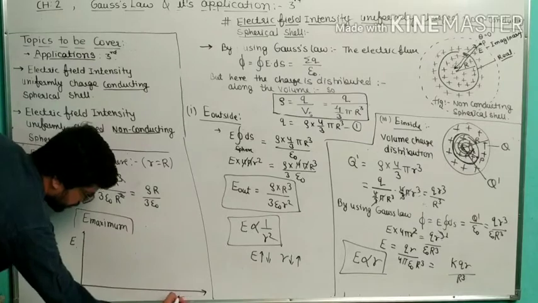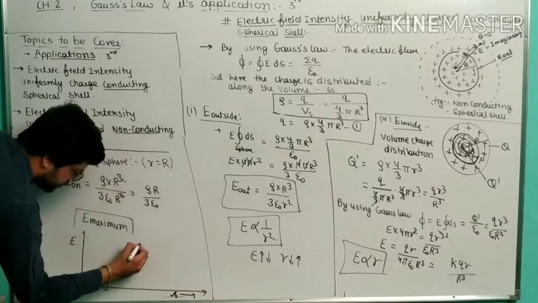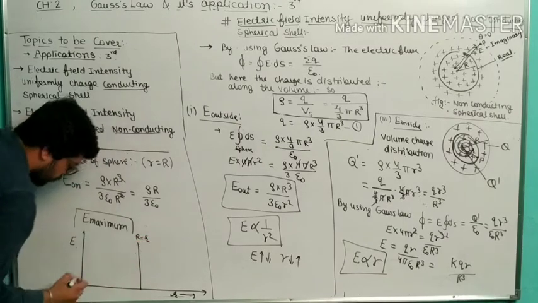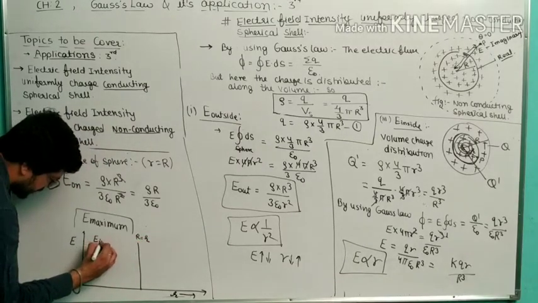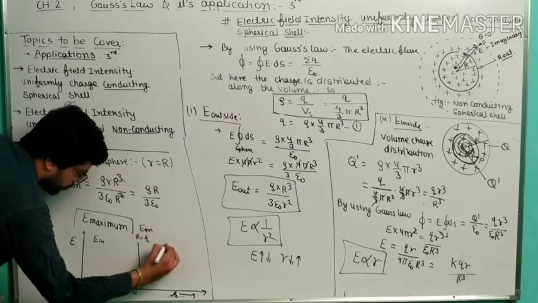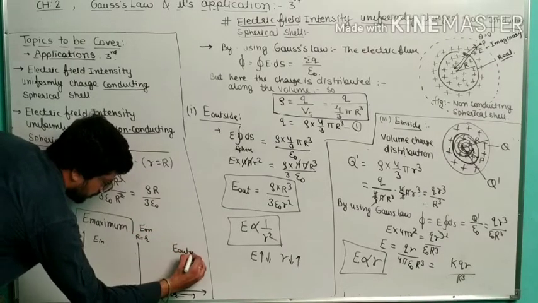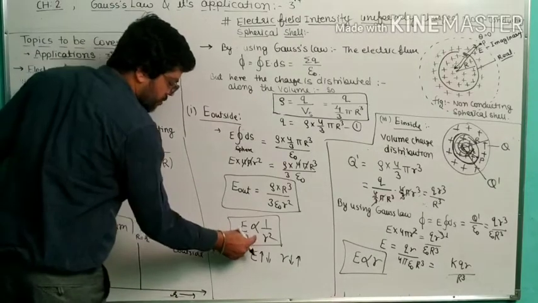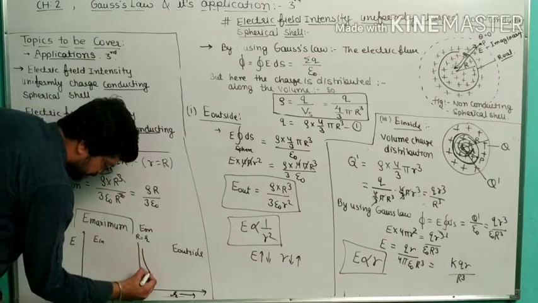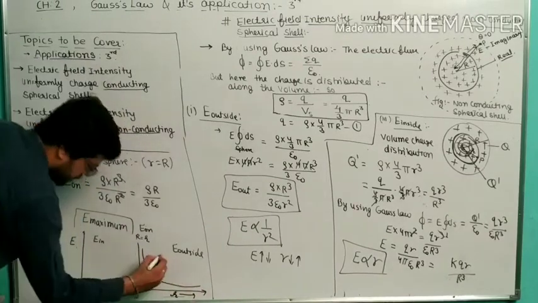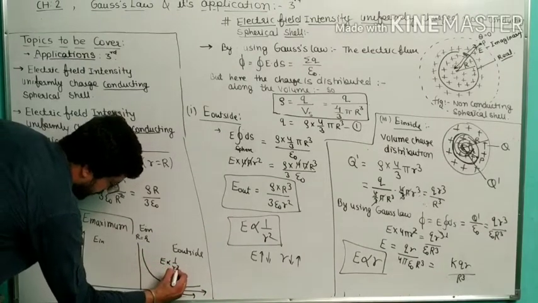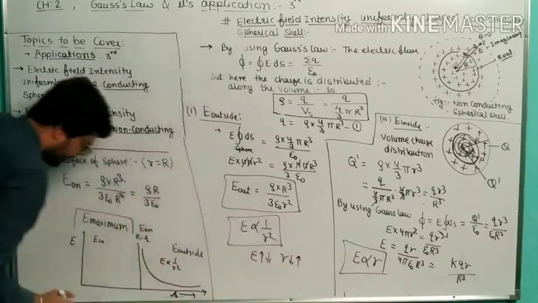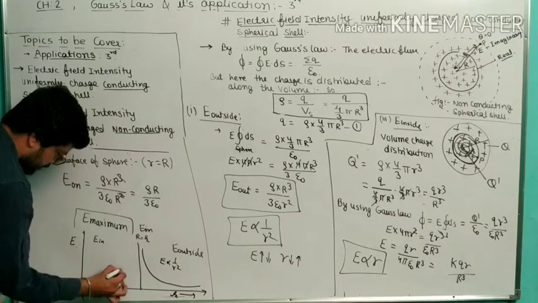This is E and this is r. As you know, this is the maximum condition. Capital R is equal to small r, and this is E inside, this is E on the surface, and this is E outside. See, this is the outside condition. Electric field outside is inversely proportional, as we previously drew on the graph. Inside, directly proportional means the graph is in increasing order.